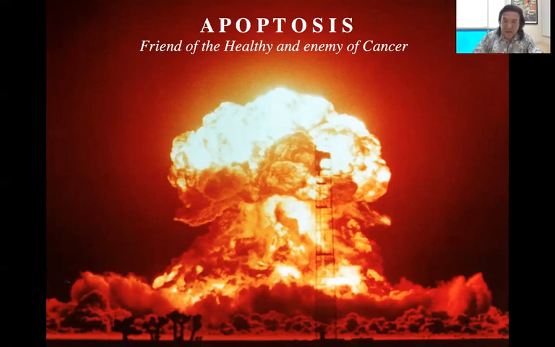Because the better your cells are at detecting that there's something grossly wrong with their genomes, maybe due to some sort of mutation that led to a translocation or something like that, and the better they are at just pushing the button and taking themselves out of the picture, they do so to actually spare you as the whole organism. That is kind of a neat thought, right?